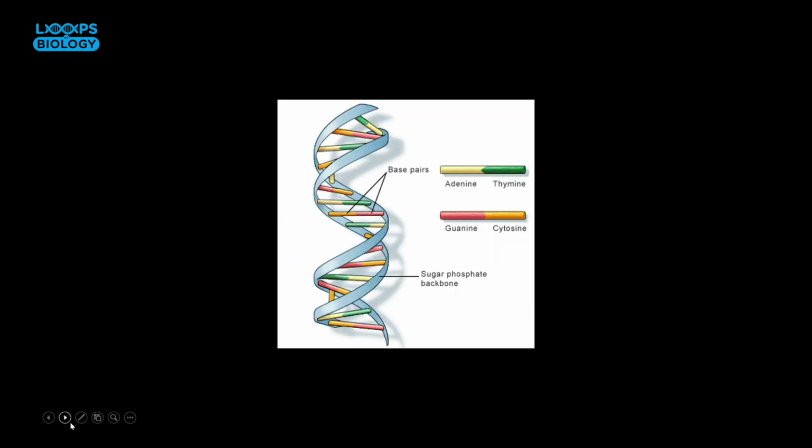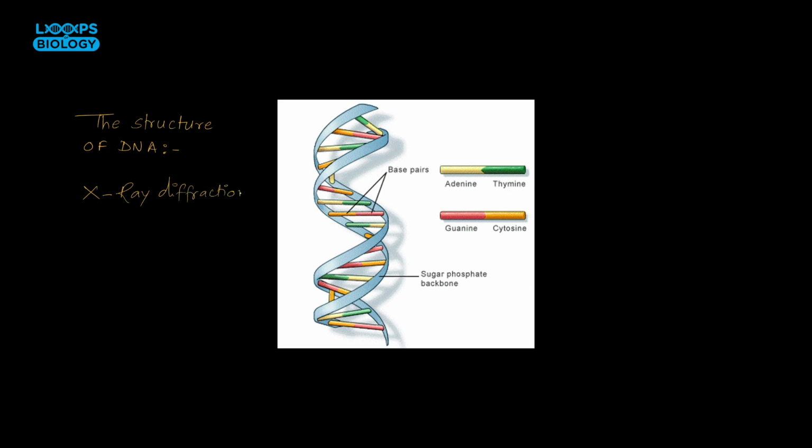So next case will be the dimensions of DNA. So this is basically the main structure of DNA, how the strand of DNA actually looks. Now as I am talking about the structure, this structure is completely based on X-ray diffraction pattern.